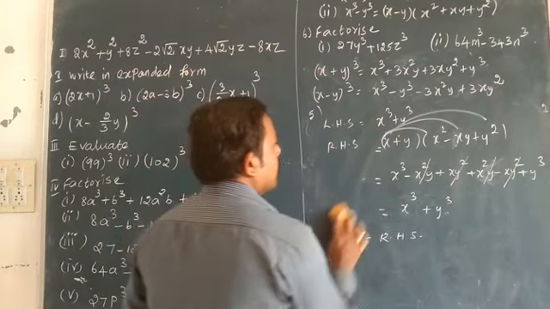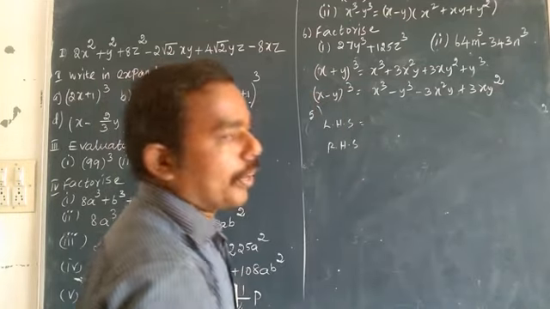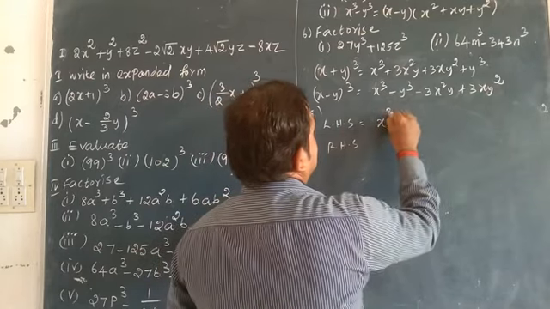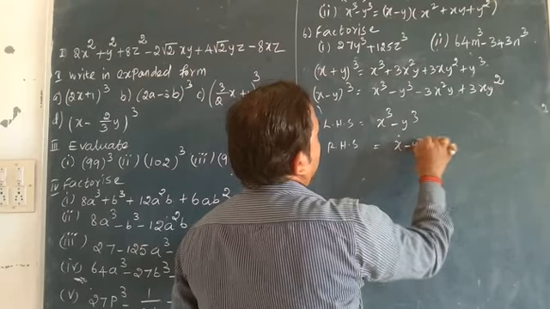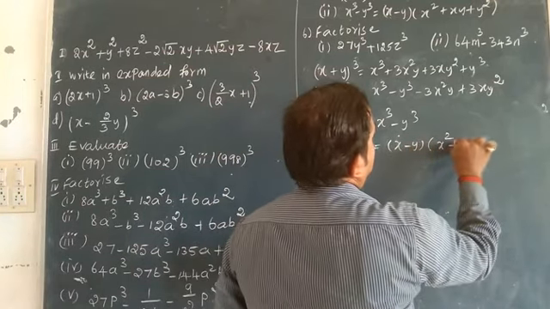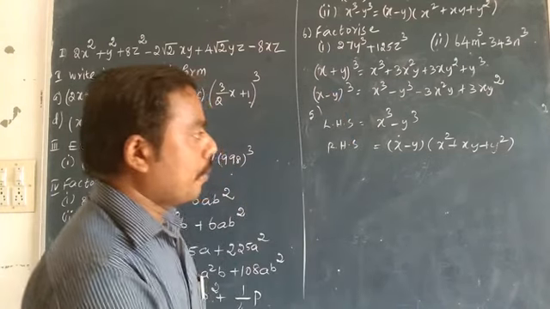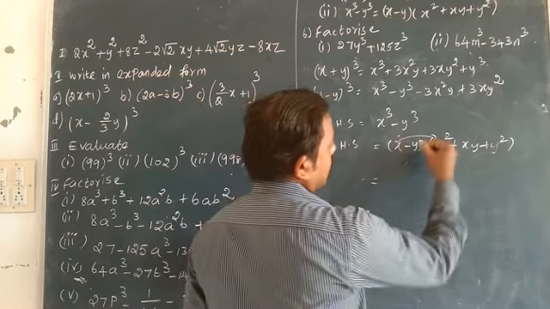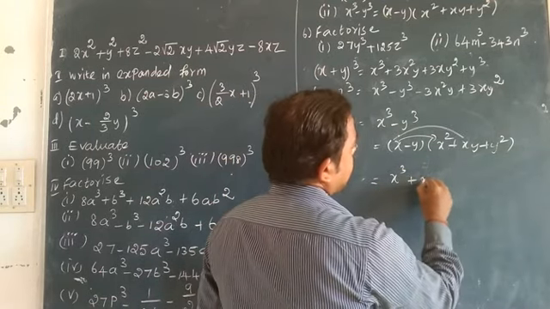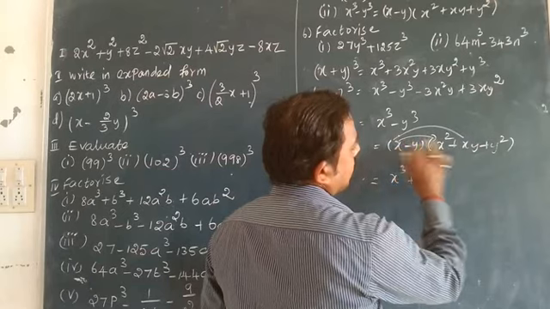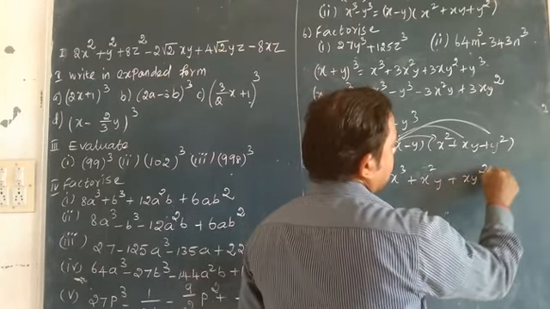Right. Similarly, next one: given x cube minus y cube on the left hand side, right hand side given x minus y into x squared plus xy plus y squared. Multiply 1 by 1, x with x squared, so x power 3; x with xy, so x squared y; x with y power 2, xy squared.